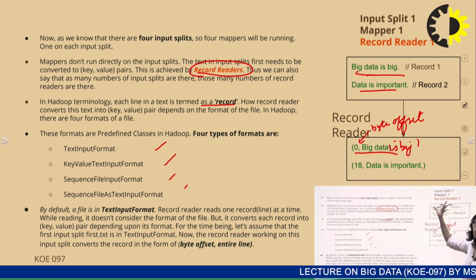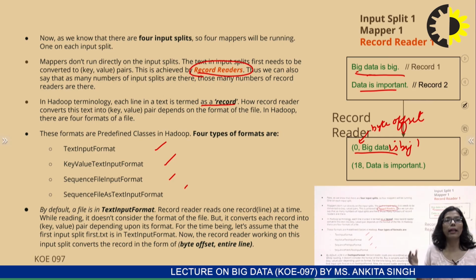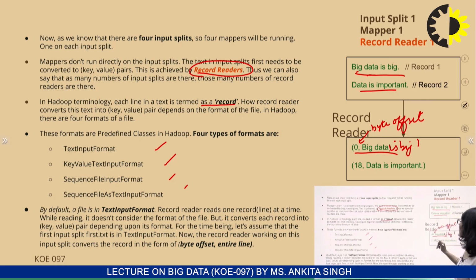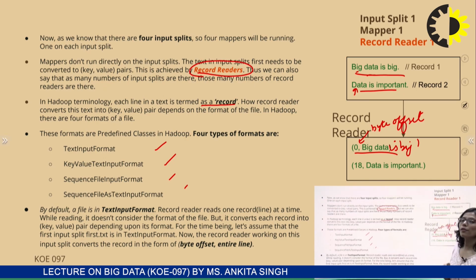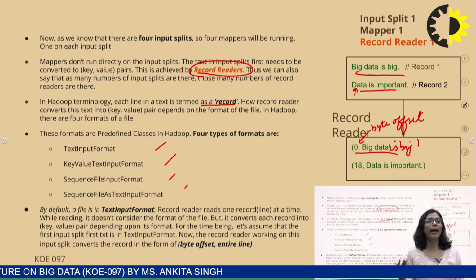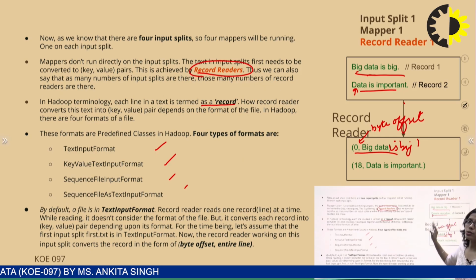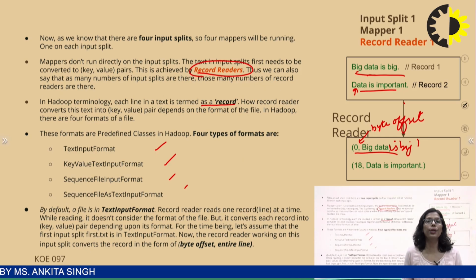It will form a key value pair, where the key is the byte offset and the value is the text. Next, 18 is the byte offset of "data is important", and the value is "data is important". So we have converted the text into key value pairs, and this is done by your record reader.